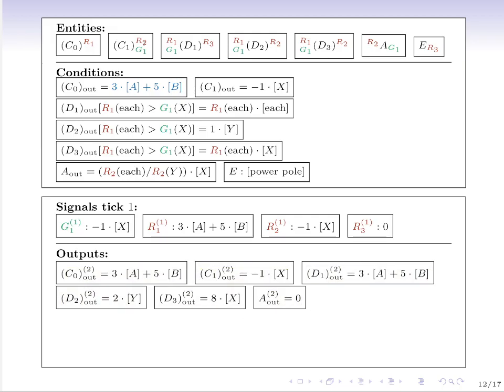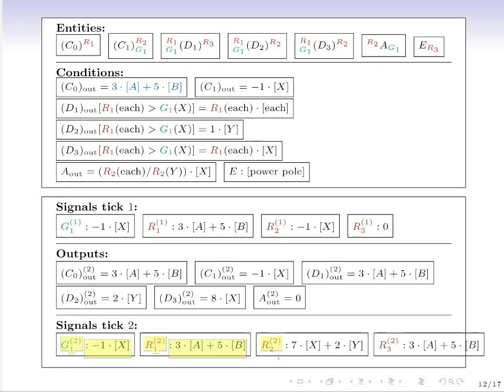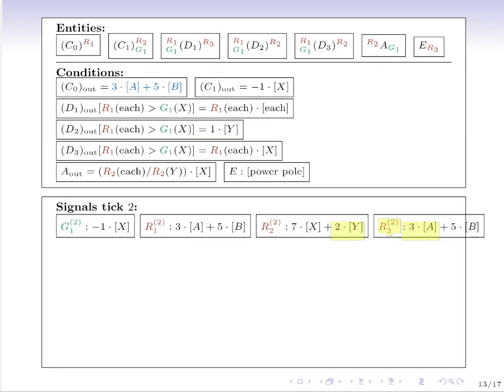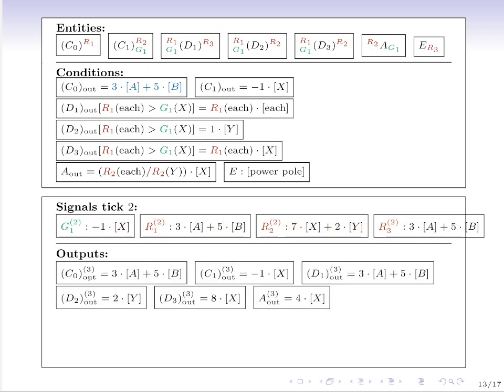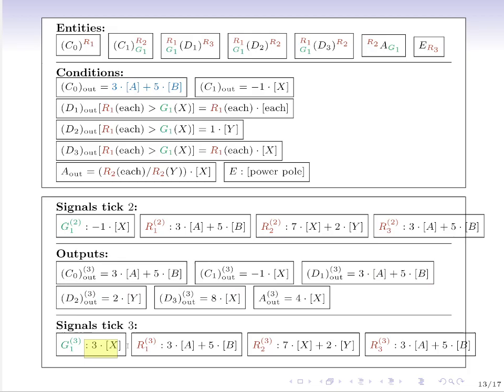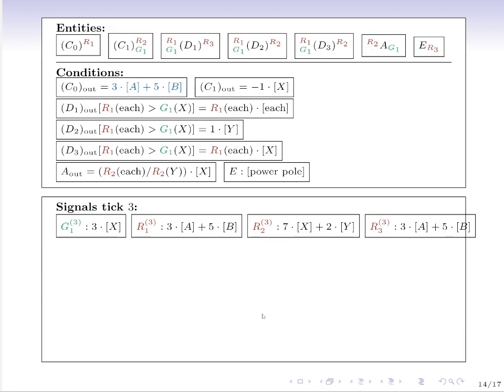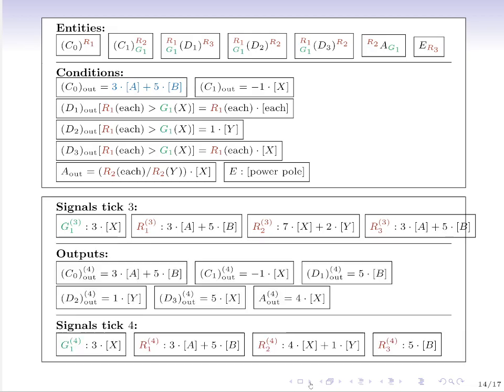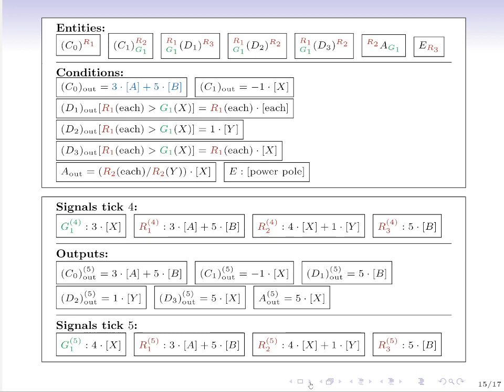And again, you look at the output channels up here, and you sum them together to get the signals at tick 2. Then you repeat at tick 2, you get these numbers, and you substitute and get the outputs, and then you compute what happens at tick 3, and then tick 4, and then tick 5.